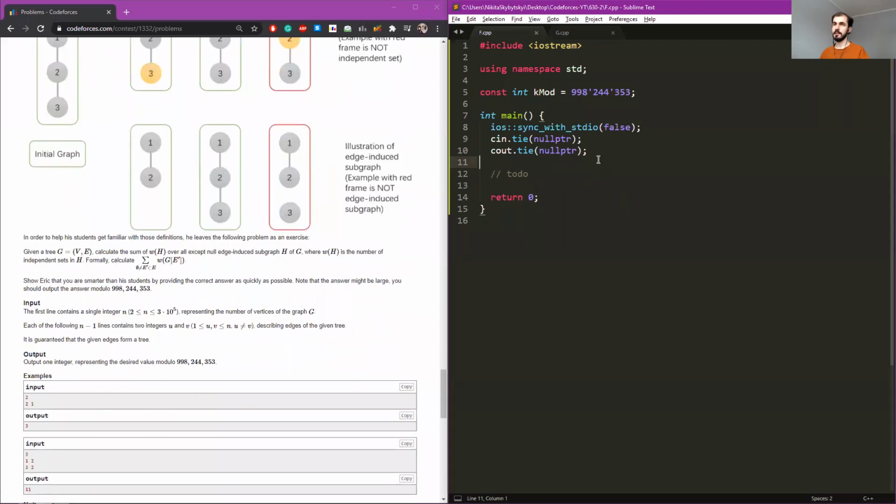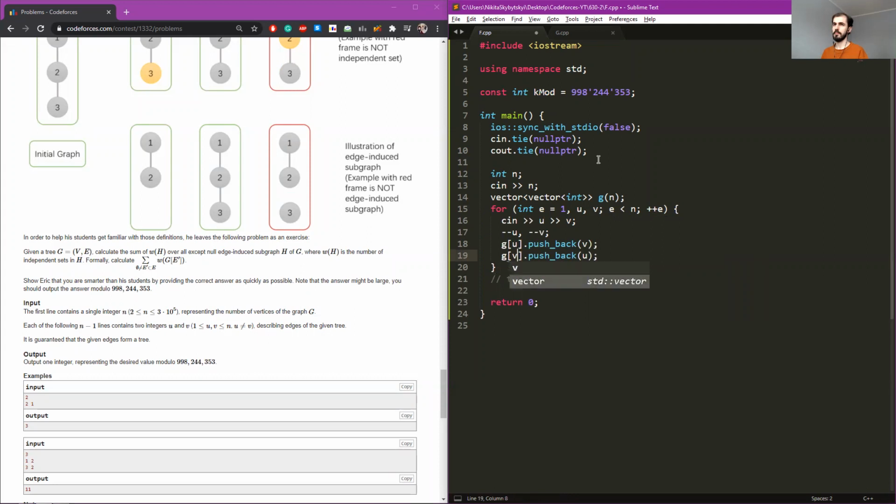We haven't actually read the input, so let's do this now. We have n-1 edges because it's a tree. And we have no idea what to do.